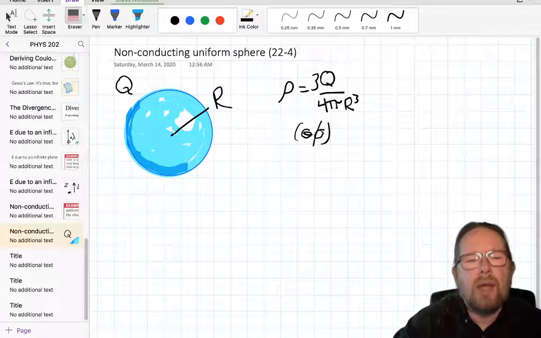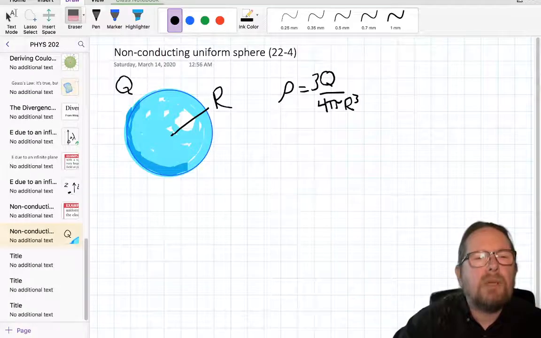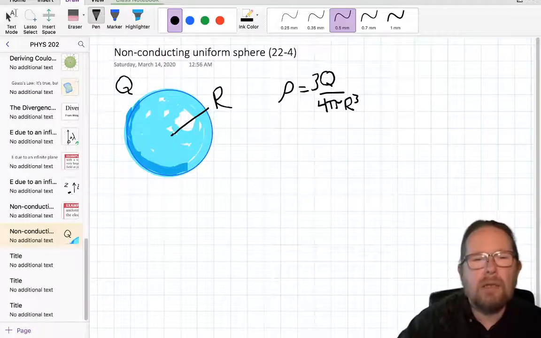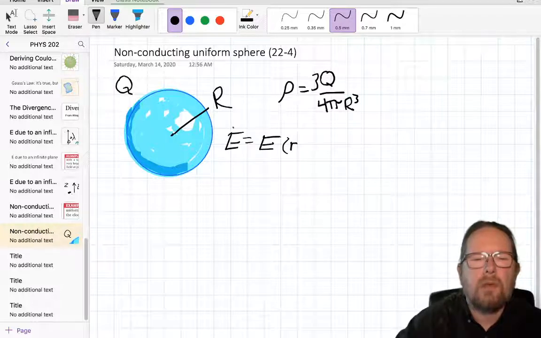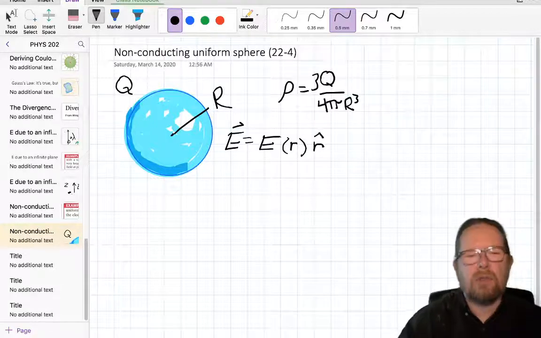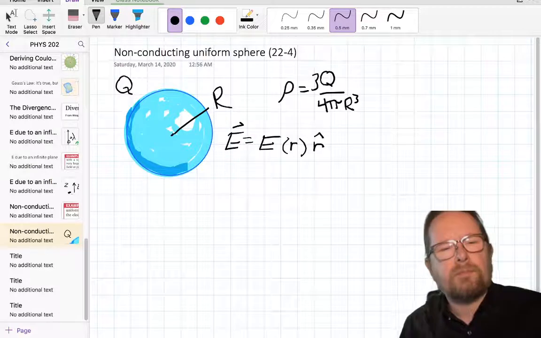So I know that out here, it must be true that the electric field is in the radial direction, and that it's only a function of r. So E equals some function of r in the radial direction in spherical coordinates.